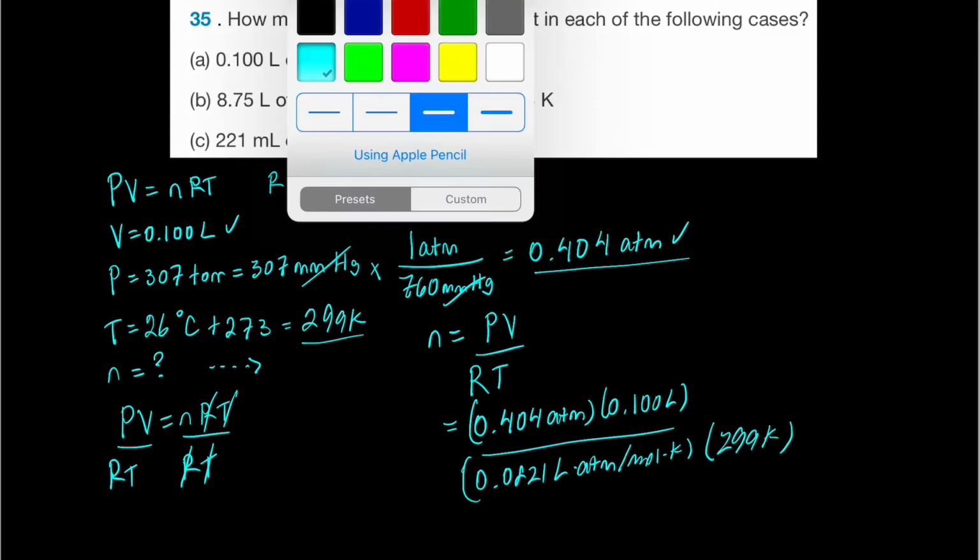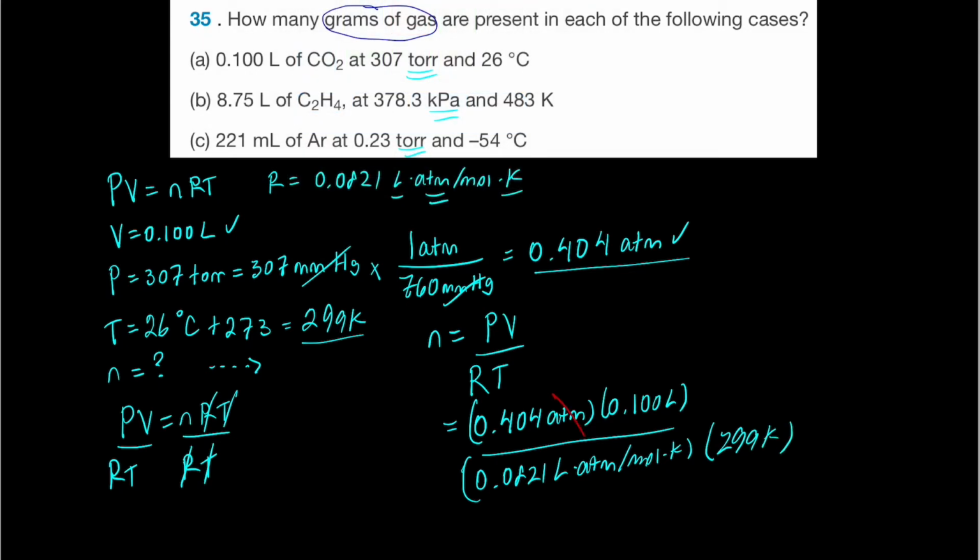Always make sure your units are compatible and canceling correctly. So atmospheres, liters, kelvins, and we're left with moles. So that's good. So what we get here as a final answer is going to be in moles.